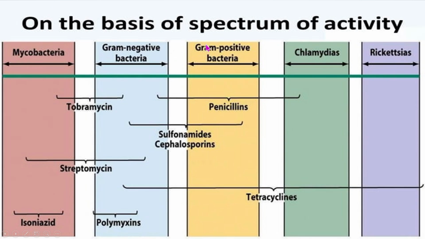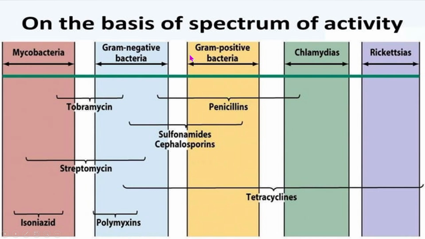This is a diagrammatic representation of the classification of antibiotics on the basis of spectrum of activity. We have already discussed that some categories of compounds show action only towards gram-negative bacteria, that is polymyxin. We have categorized polymyxin under narrow spectrum because this compound is selective towards only one category, gram-negative bacteria.